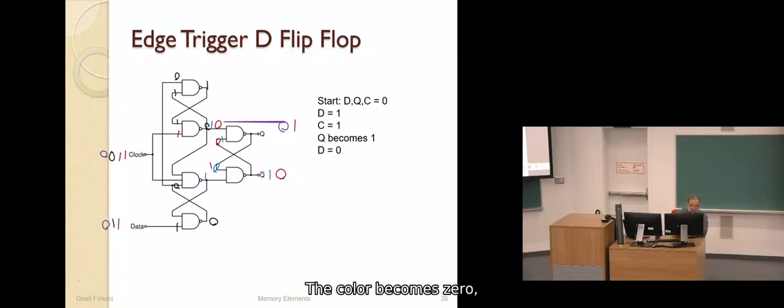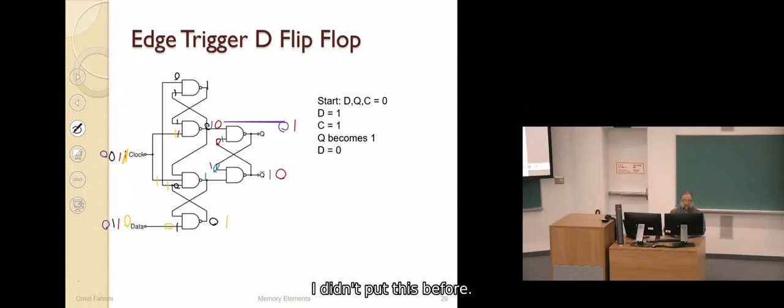So D becomes 0, the clock is still 1, and we have 1 here, and then D is 0, so this becomes 1. This one comes here, but the clock is 1, and this is coming from there. So it's still 1, 1, 1, 0.